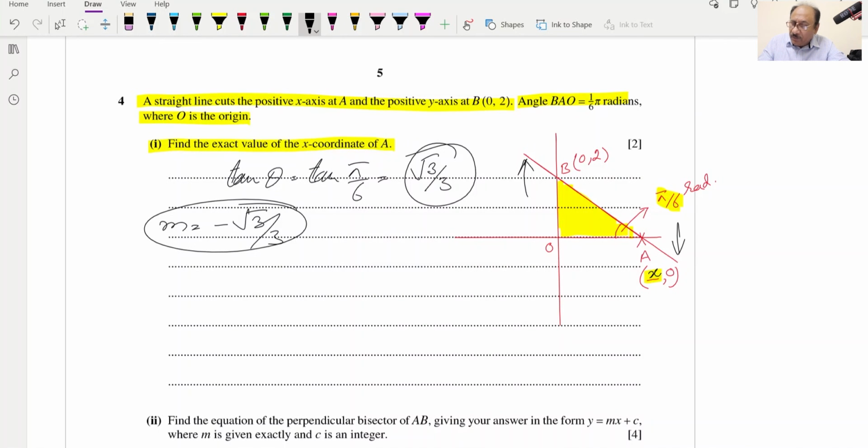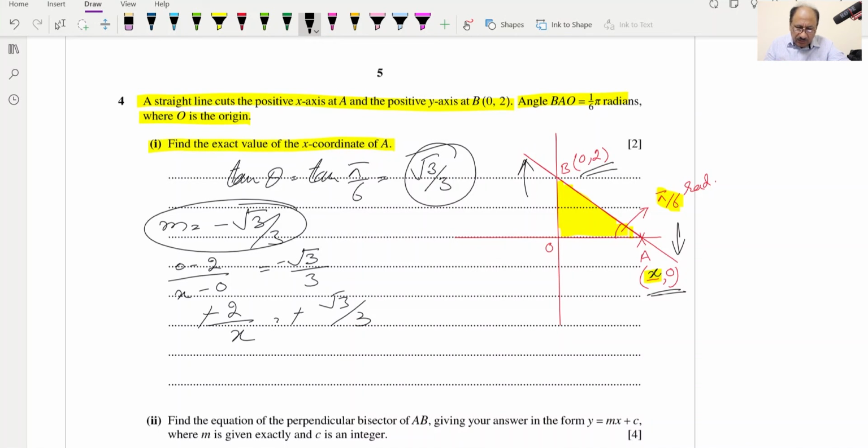Now we can use these two points, the x coordinate of A and the point B, to find the gradient. So y2 minus y1 over x2 minus x1 is (0 minus 2) over (x minus 0), which is equal to minus root 3 over 3. So minus 2 over x equals minus root 3 over 3, and we can cancel the negative from both sides, so 2 over x equals root 3 over 3.